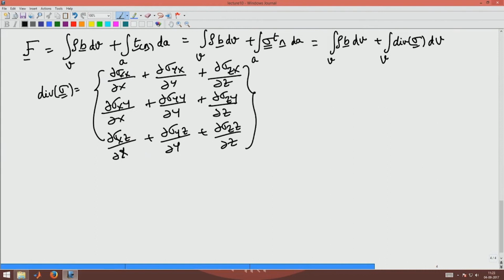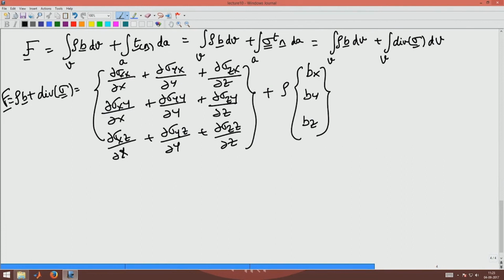This is what the divergence of sigma stands for, these three equations. So, force is this plus rho times Bx, By, Bz, that is rho b, plus this thing, which is the force F.